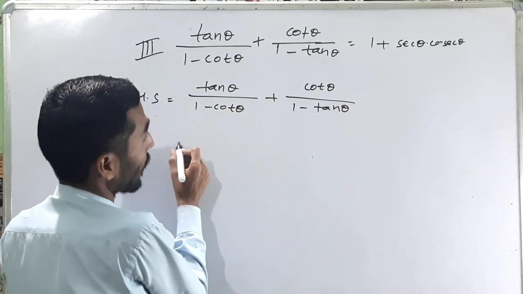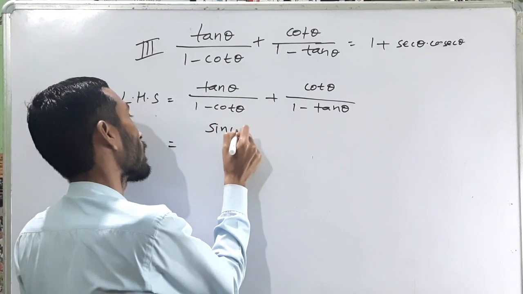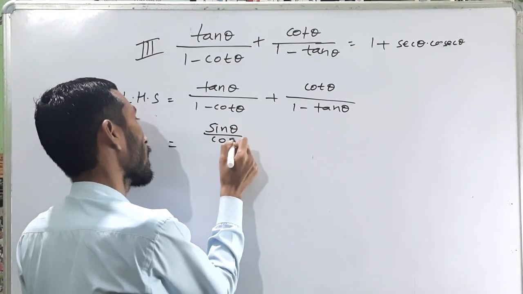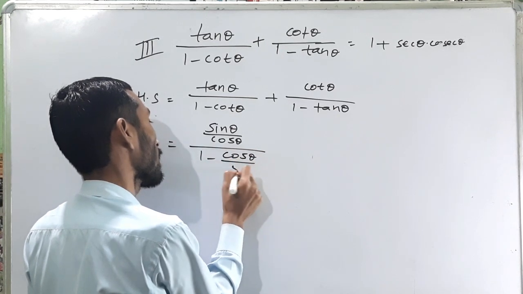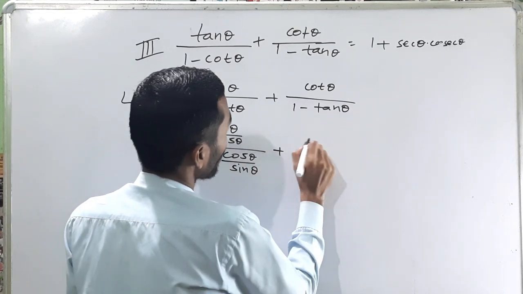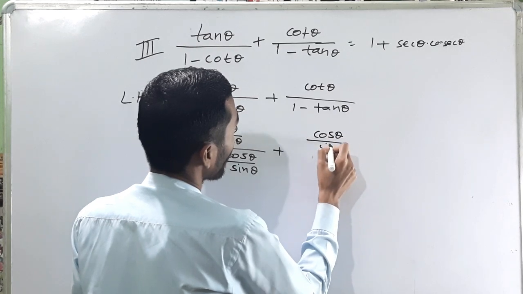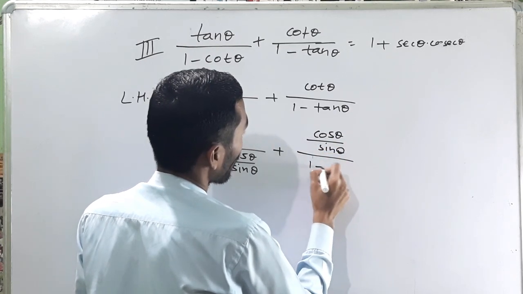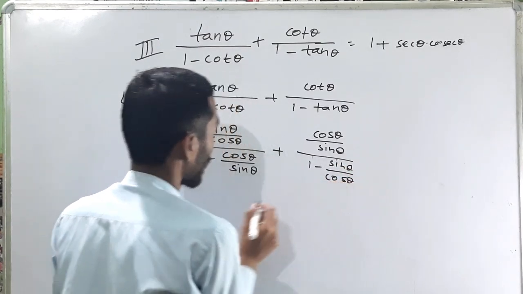So we can write here sin theta by cos theta over 1 minus cos theta by sin theta, plus cos theta by sin theta over 1 minus sin theta by cos theta.